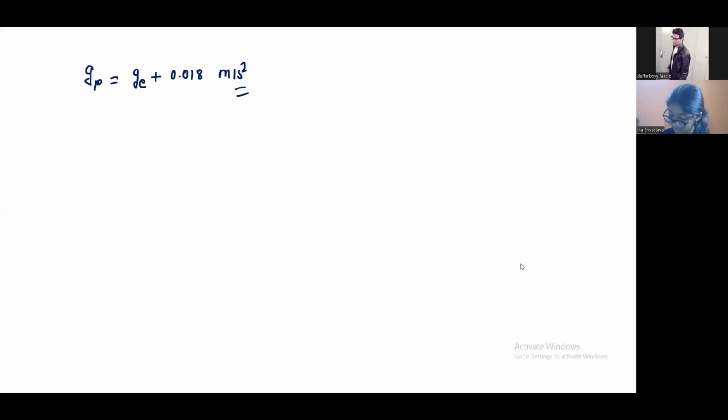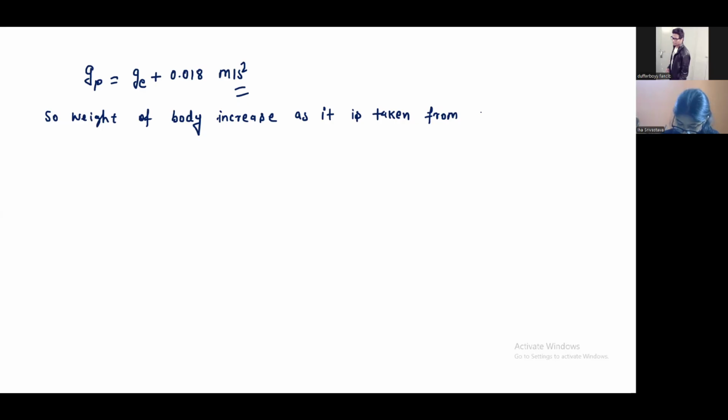Okay, done. So write down some important points here. The weight of a body, weight means mg, increases as it is taken from the equator to the pole.